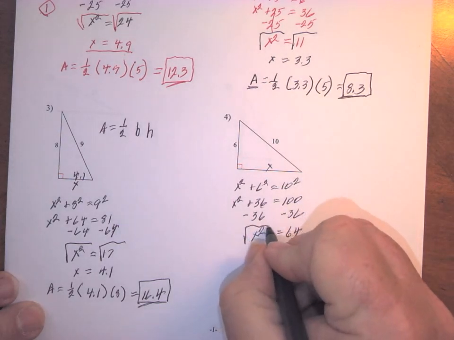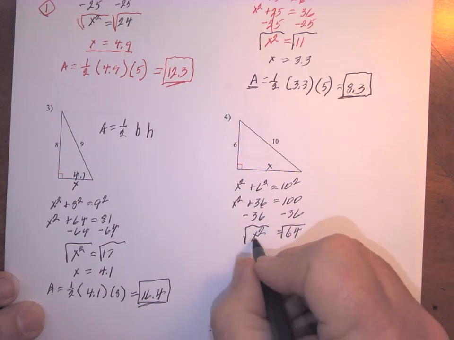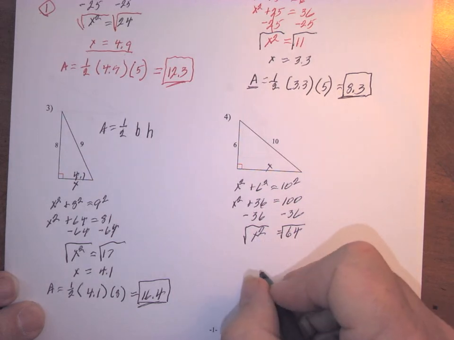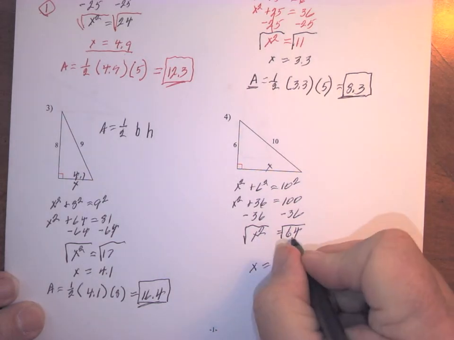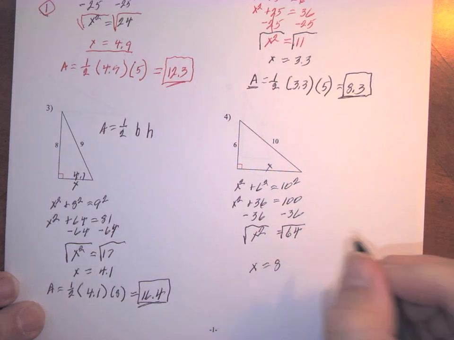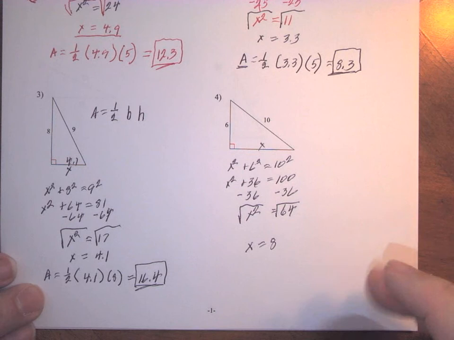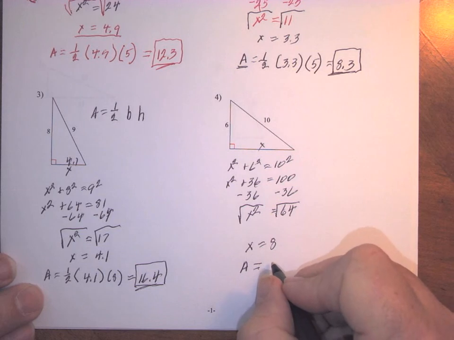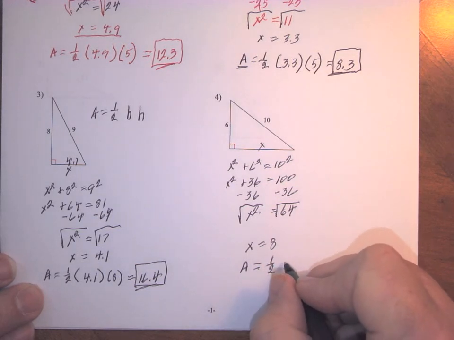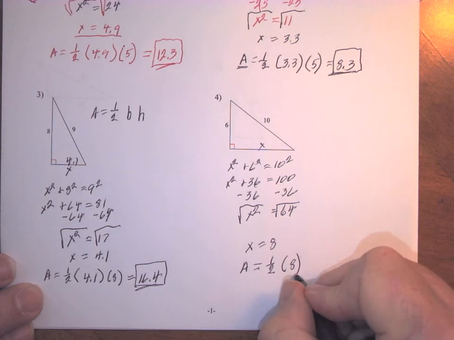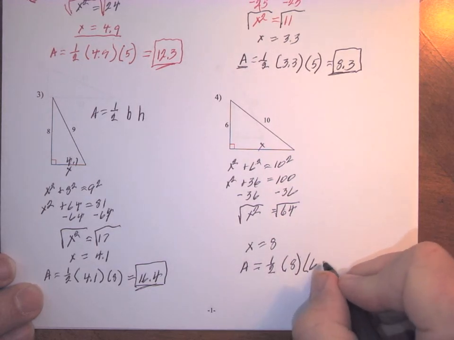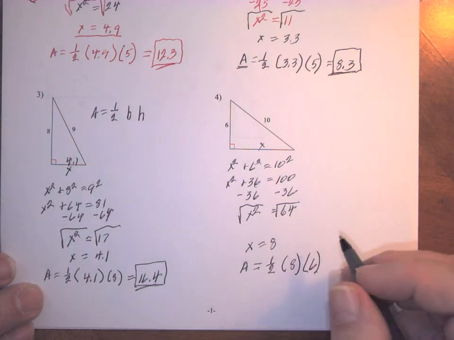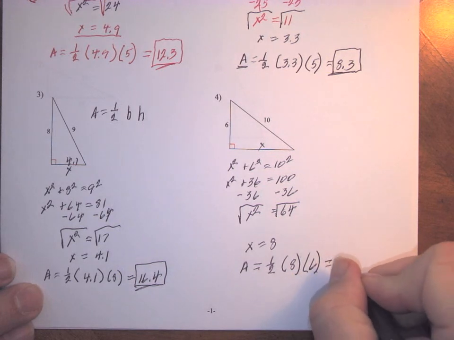Again, the same thing we're going to do on both sides is take the square root. The square root of x squared is x, and the square root of 64 is equal to 8. Okay, now we got all our pieces. And the area is going to be equal to 1/2 times 8 times 6, and 6 times 8 is 48, and if you divide that by half, that's equal to 24.